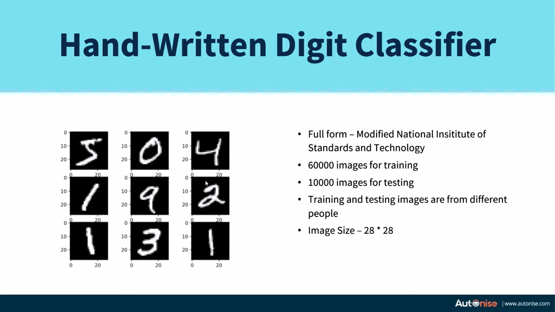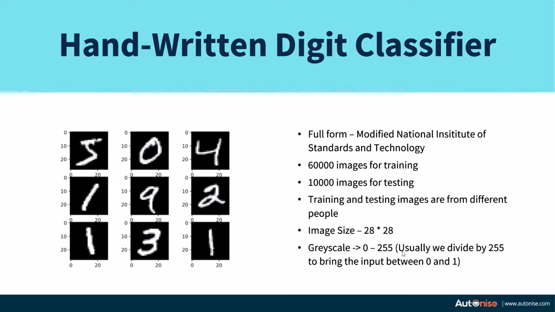Also, one specification about the dataset: the images are of size 28 cross 28. So there are 28 rows and 28 columns, and the value of each pixel is grayscale. So there are no three channels, there is only one channel corresponding to each pixel. The grayscale corresponds to 0 to 255, as I told you earlier.